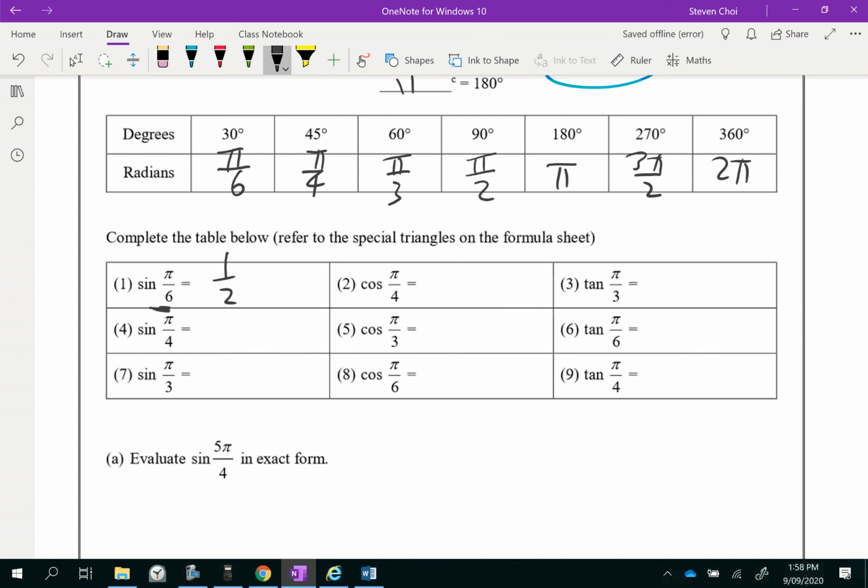So you should memorize this table as well. So sine pi over 6 is half. Sine pi over 4, which is 45, is 1 on root 2. This should be root 3 over 2, and then 1 on root 3, 1, and root 3 over 2, half, 1 over root 2, root 3 over 2.